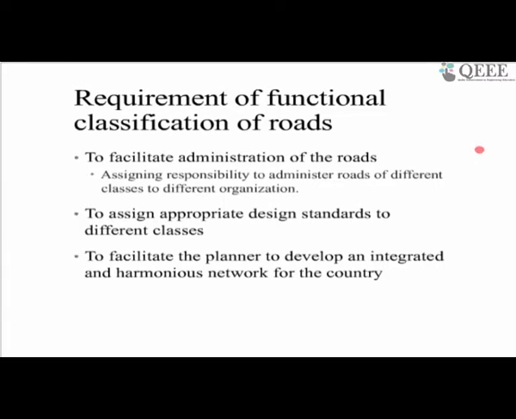As I was trying to explain earlier as well, we have funds, we need to disperse the funds, we need to manage these roads, and we need to prioritize the overall funding situation. In a nutshell, it is to facilitate administration of the road, assigning responsibility to the administrators for road improvement and other things.